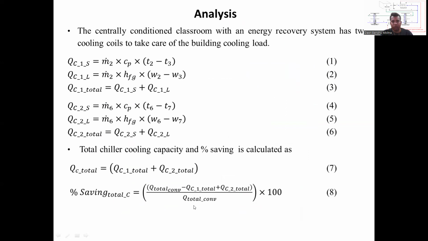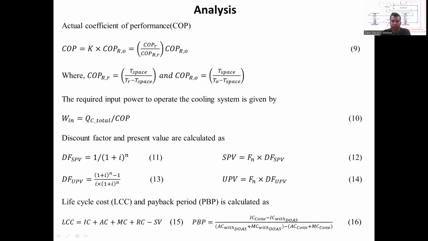Percentage saving of cooling load is calculated from the cooling load with the conventional system and the difference in cooling load with the application of the energy recovery system. And the coefficient of performance is calculated in terms of the ideal COP.